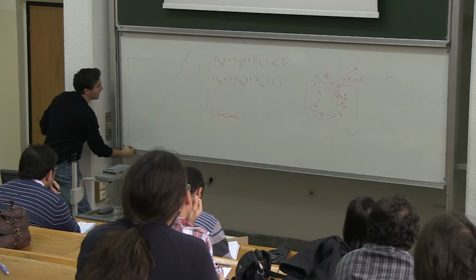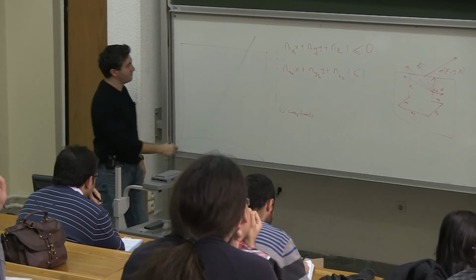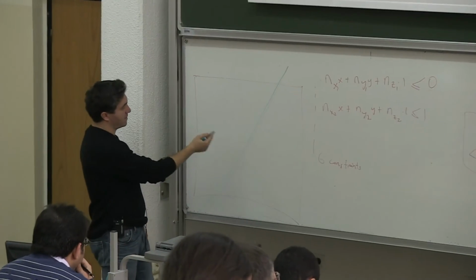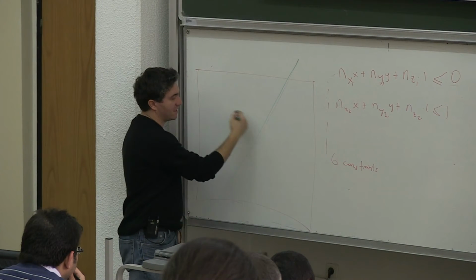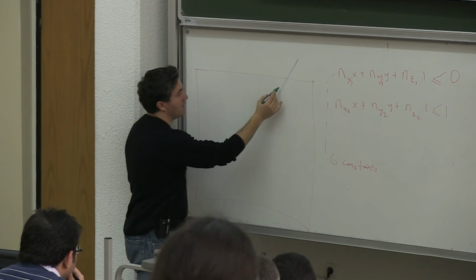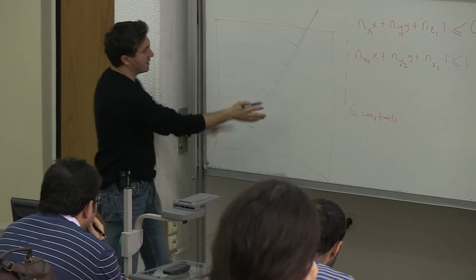So it's going to be a line like this, and depending on whether it's less than 0 or greater than 0, we are going to have a certain region that is feasible. So this part is the infeasible part.